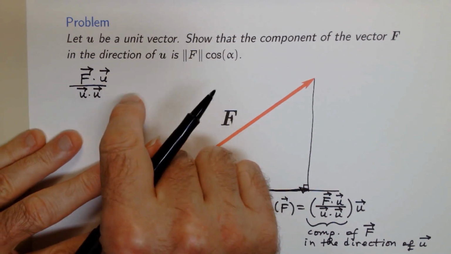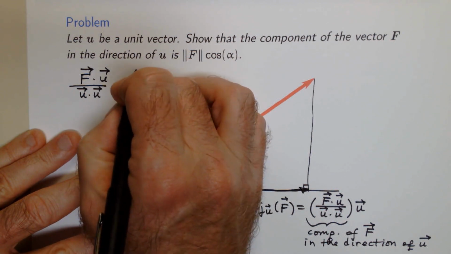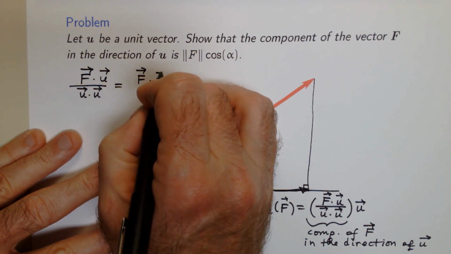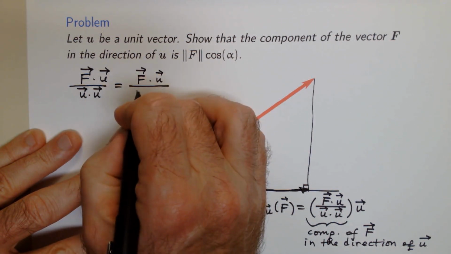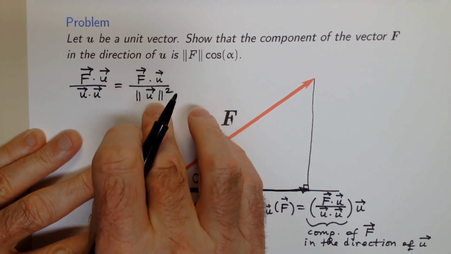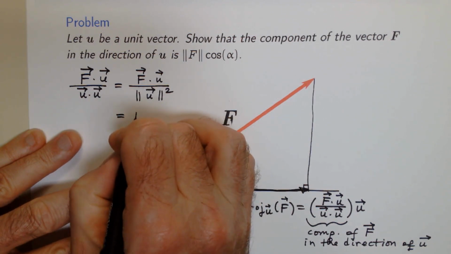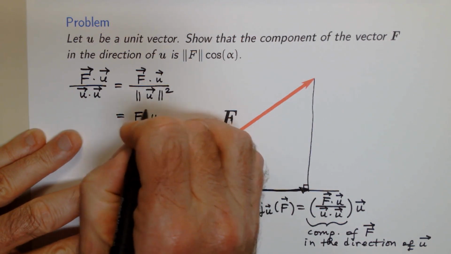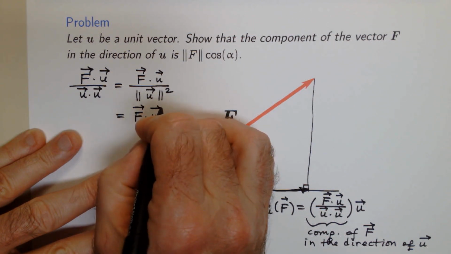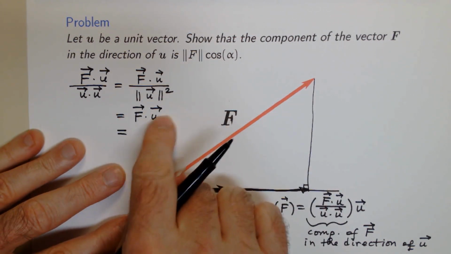So the first thing we can do to simplify this is to realize that u dot u is just the length of u squared. But u is a unit vector, and so this simply becomes 1. And now finally we can use our special formula for the dot product.